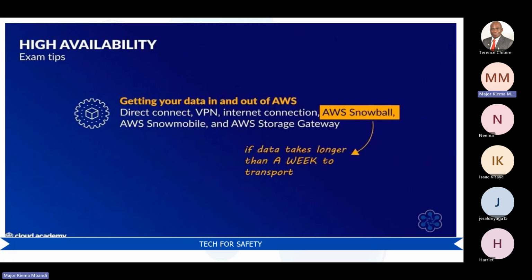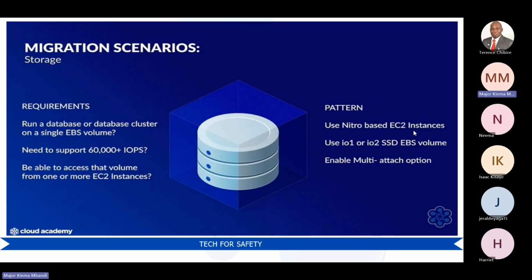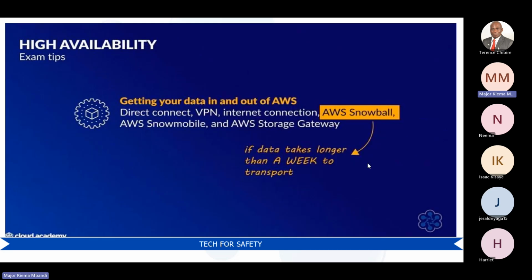Sorry for that, Nitro-based is the one that supports multi-attach. Use IO1 or IO2 SSD EBS volumes, which support multi-attach. Remember, EFS can be attached to any EC2 instance, but for EBS, if you want to enable multi-attach, you need to use a specific type of instance, that is Nitro-based EC2 instances, and then you can enable the multi-attach option.